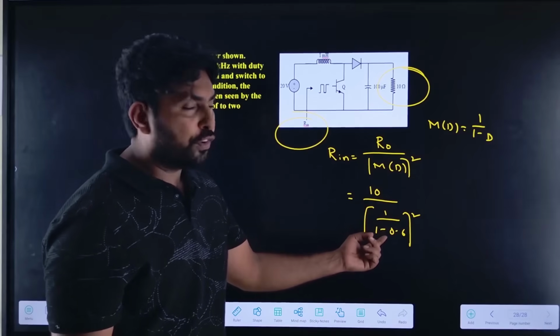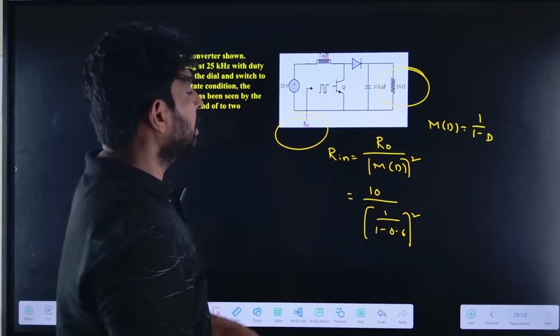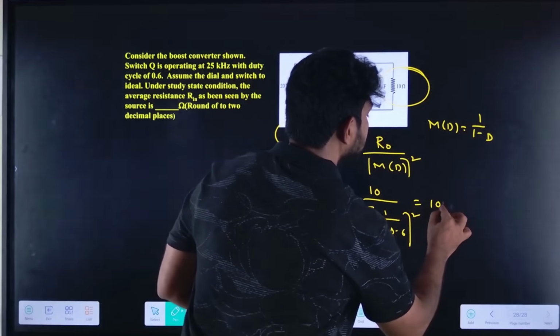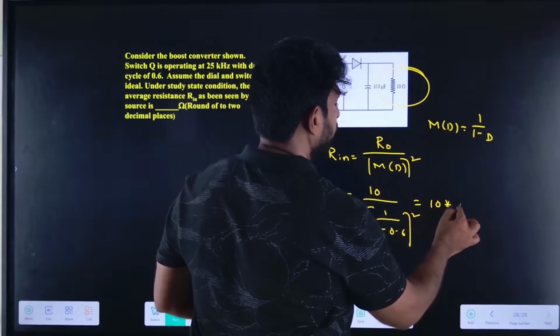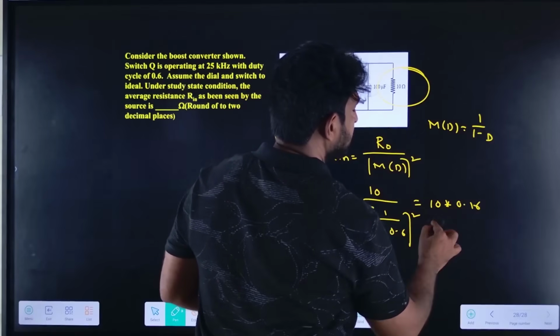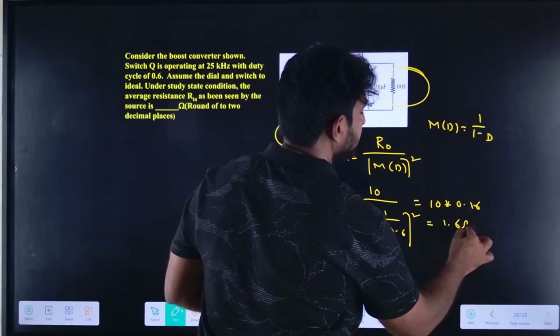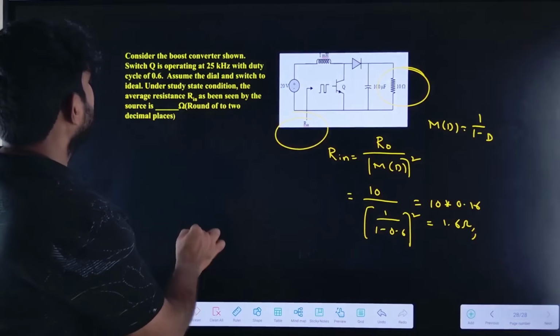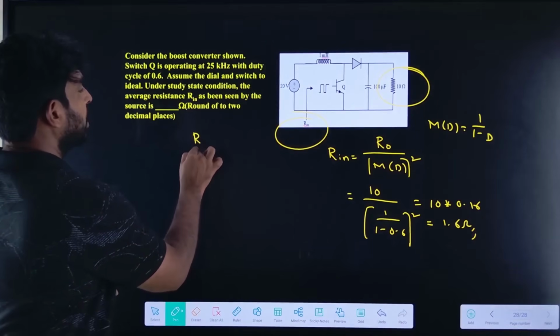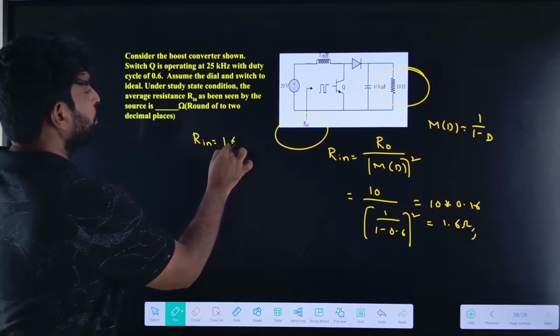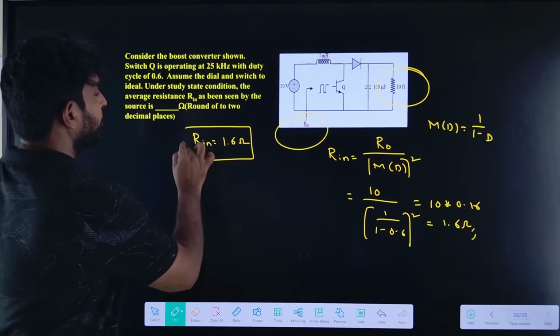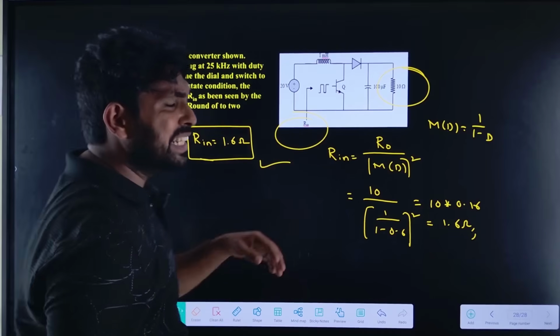So 1 by 0.4 whole square. If I take it here, it is 10 into 0.16, which is equal to 1.6. So the answer is 1.6 ohms. Our input resistance is 1.6. So it is the easiest method.